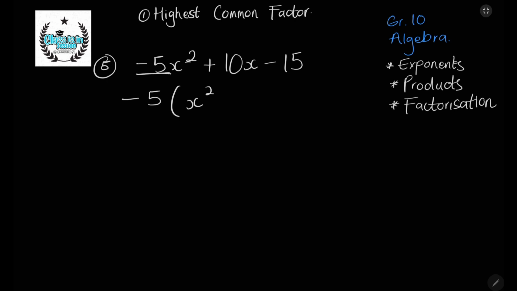Now let's write our variable. We have x squared. Okay, the negative 10 divided by negative 5 is negative 2x. Then negative 15 divided by negative 5 is positive 3.